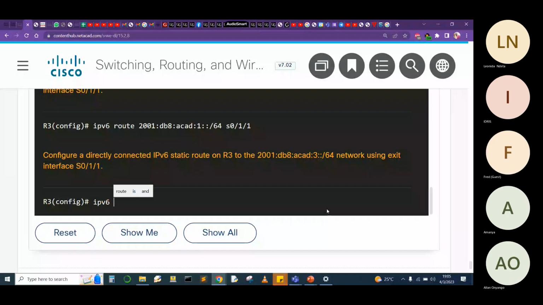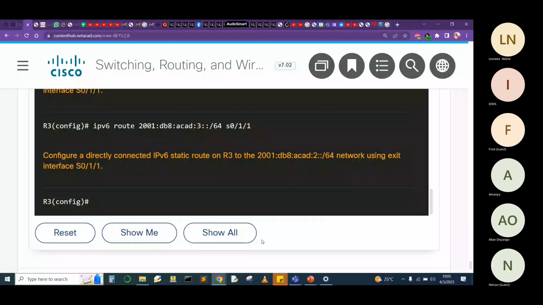Then another directly connected IPv6 static route on R3 to reach this 2.0 network. So IPv6 route 2001:DB8:ACAD:2.